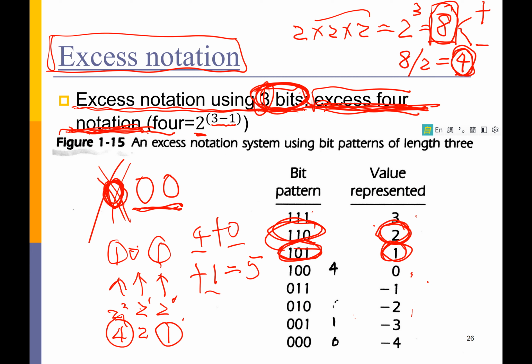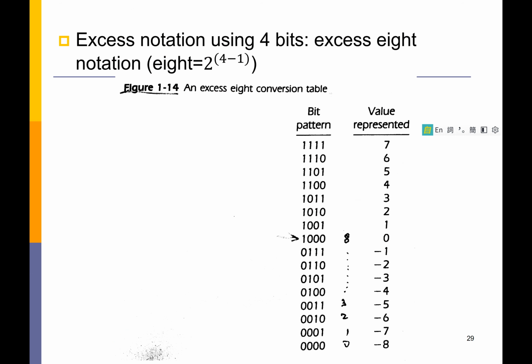So in your computer, in your C language, if an integer value of 1 is saved in SS4 notation in memory, it will be saved as 101. Now let's keep going.